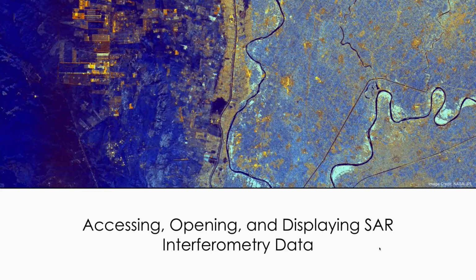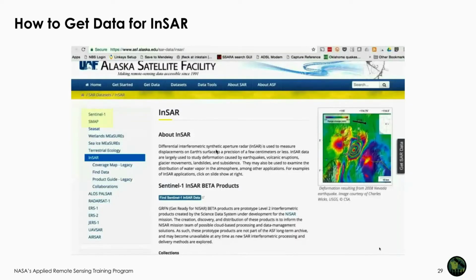So how do we actually do something with the radar data? The first thing we want to do is actually get some data. One of the key types of data nowadays that's freely available is the Sentinel-1 data.